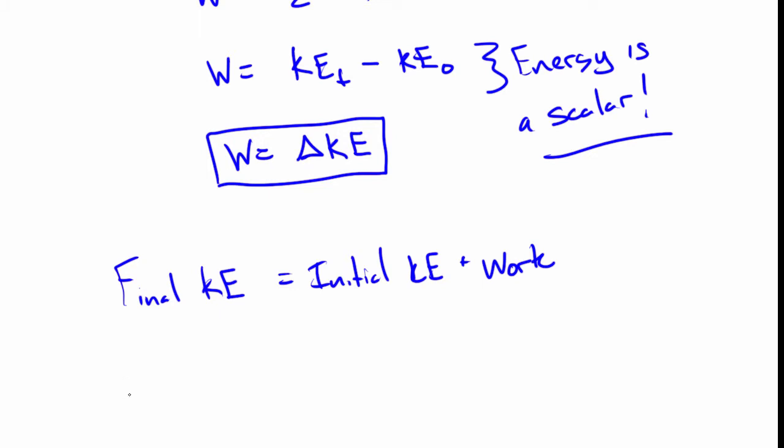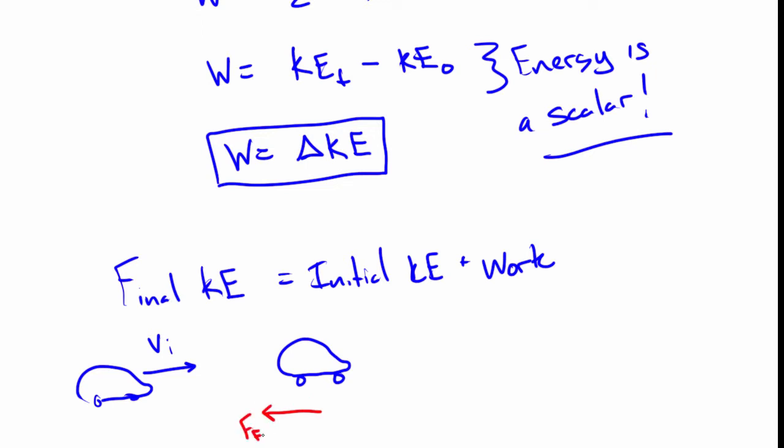So imagine we have a car then. So you've got a car that starts off going really fast. Right? And then you put on the brakes. So you apply a force due to the brakes, which is like a frictional force.